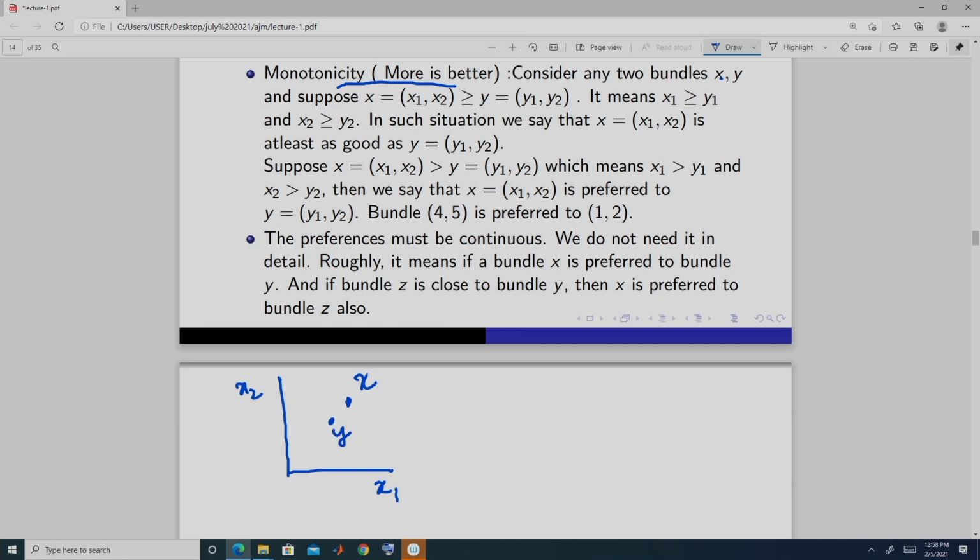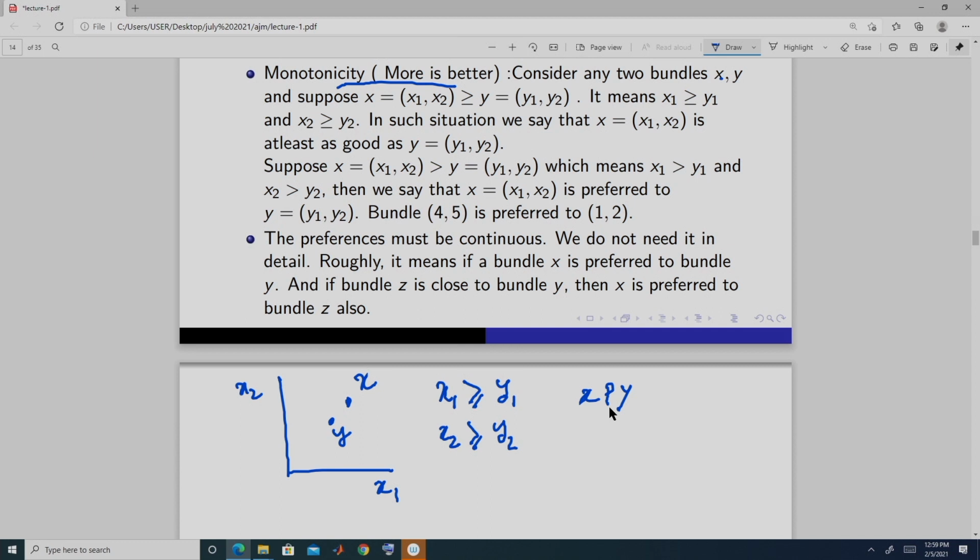Now from this here we know that x1 is greater than or equal to y1 and x2 is greater than or equal to y2. If the situation is something like this, then we say x is always preferred to y, that is, x is preferred to y.